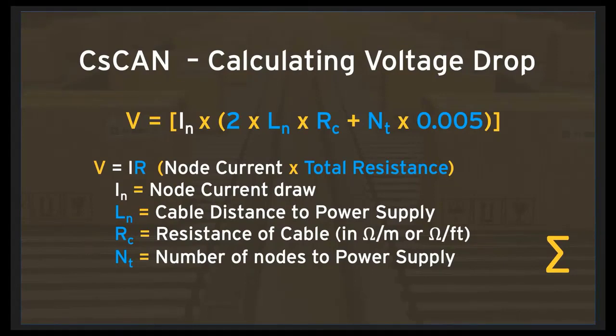So what is that total resistance seen by that node, between that node and the power supply? Well, it's affected by the cable resistance times 2. Why times 2? Well, again, the signal has to travel up one wire and back again. So the distance is effectively doubled. That's why we have 2 times the distance to the power supply times the resistance of the cable.